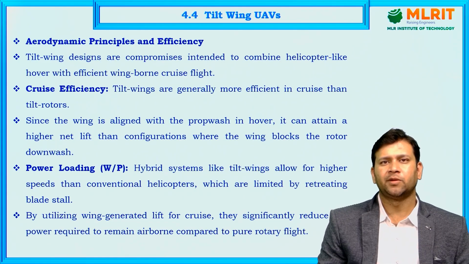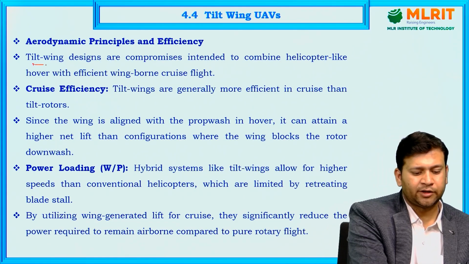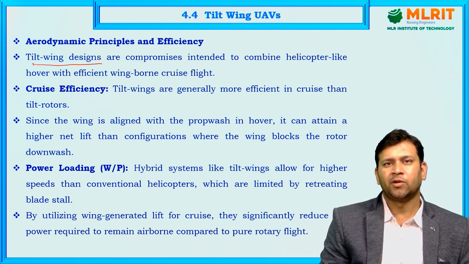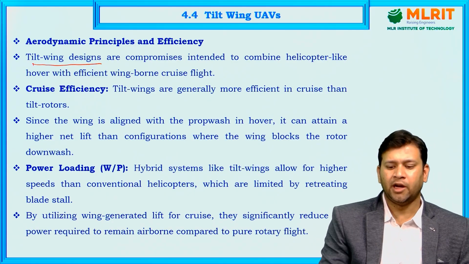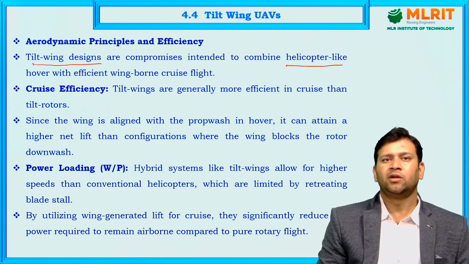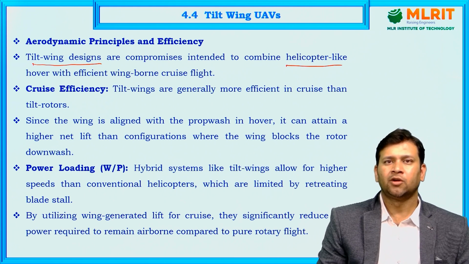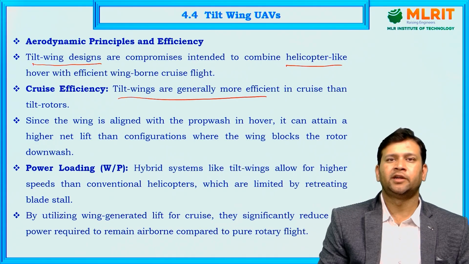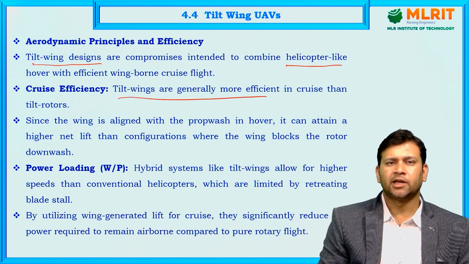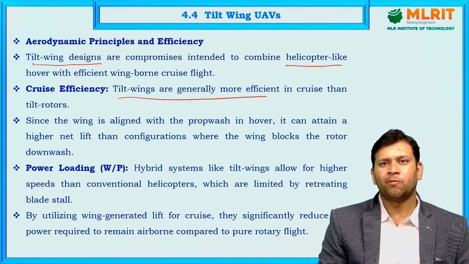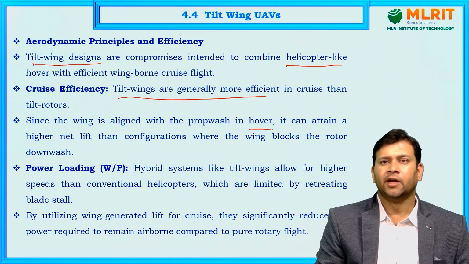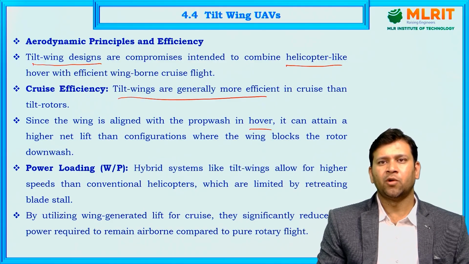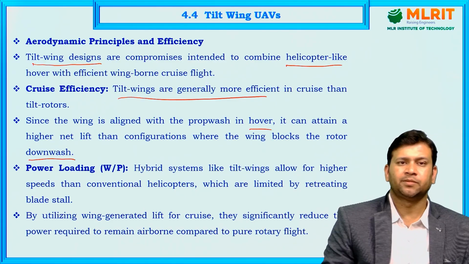The aerodynamic principles and efficiency. Tilt wing designs are compromises intended to combine helicopter-like hover with efficient wing-borne cruise flight. Cruise efficiency: tilt wings are generally more efficient in cruise than tilt rotors. Since the wing is aligned with the prop wash in hover, it can attain a higher net lift than configurations where the wing blocks the rotor downwash.